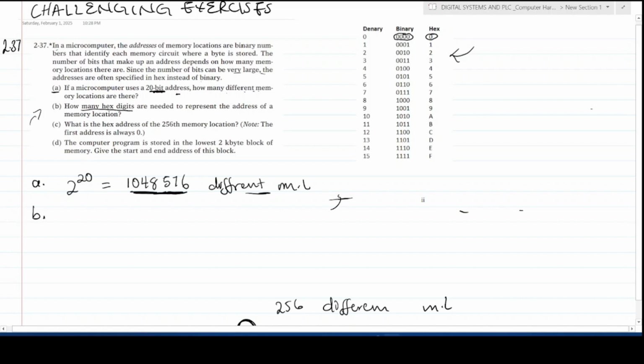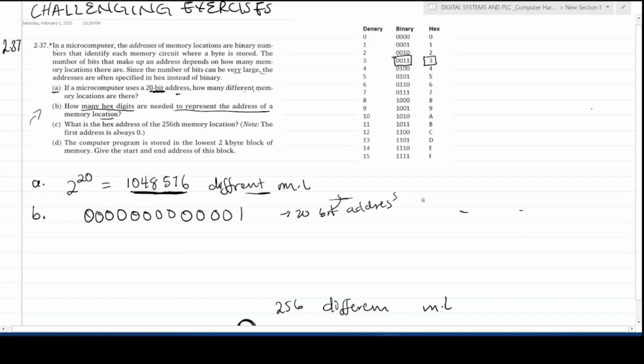Now moving on to number two. They're asking how many hex digits are needed to represent the address of a memory location. So how many bits is an address? 1 2 3 4, 1 2 3 4, 1 2 3 4, 1 2 3 4, 1 2 3 4. This is a 20-bit address, just as the previous question asked. Now they're asking how many hex digits are needed. Remember this table, I told you that a hex digit represents 4 binary digits. So let's group this into groups of 4.